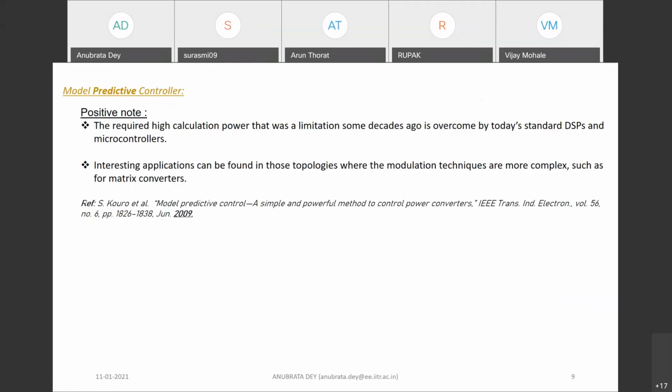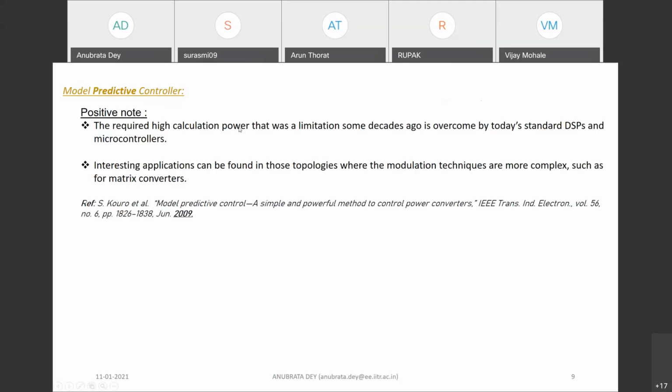Basically, the model predictive controller has a searching algorithm. It has a cost function, and in order to minimize that cost function, it searches many possibilities in the inverter states to find the lowest cost function, so that your current is being tracked properly. Not only that, it can also meet other objectives.